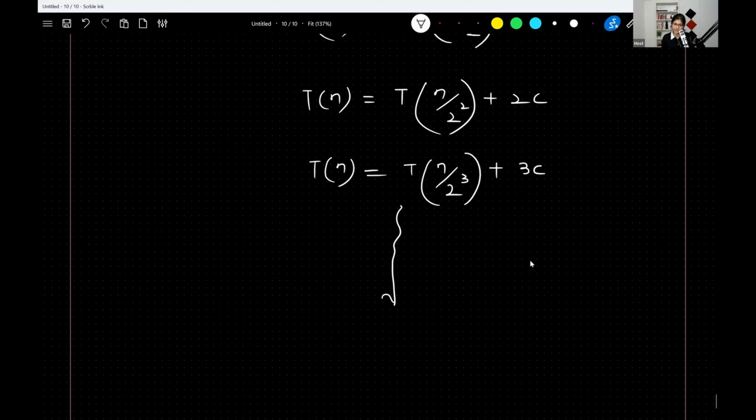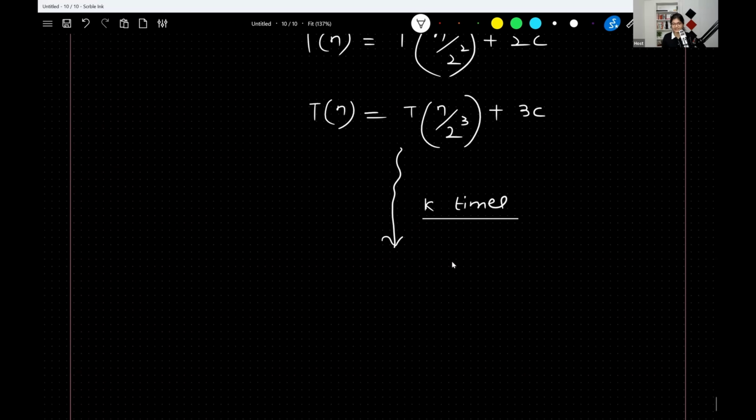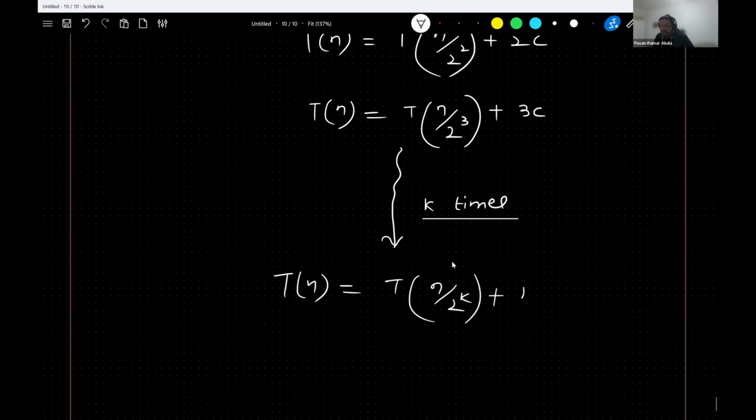If you keep on doing this task until k times, what kind of equation will you be able to get? Generalized equation. T of n is equal to T of n by 2 to the power k plus k times c.